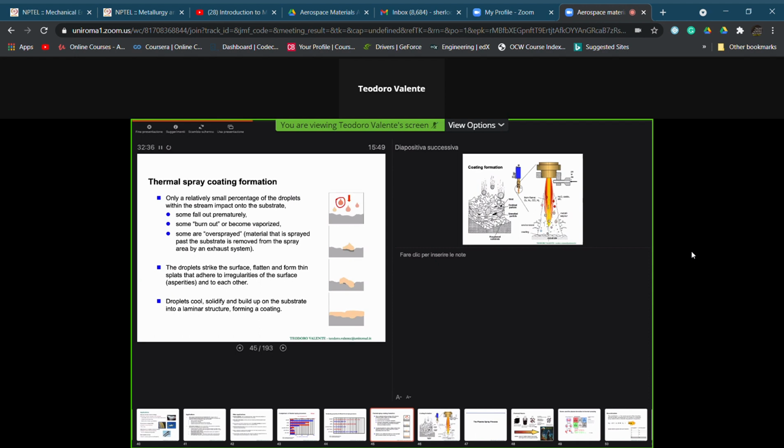And this results in, as a general guideline, average diameters which are tens of microns: 25, 30, 40 microns. This is the optimal granulometry of the powders which must be used with this kind of technologies.